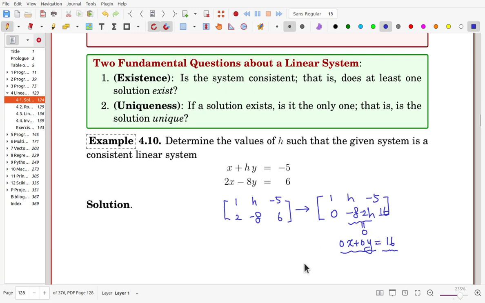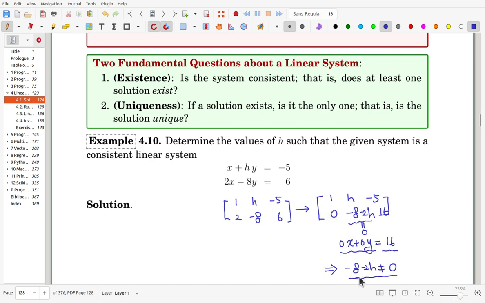So here the requirement is that -8 minus 2h must not be 0, right? That's the requirement. Then for h which satisfies this, we can scale and decide the y value, and again by eliminating this one we can get the x value.